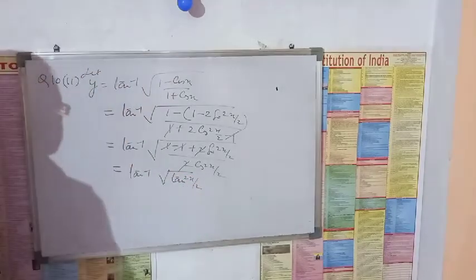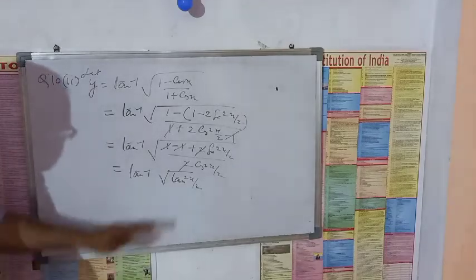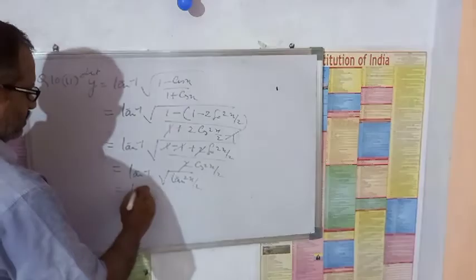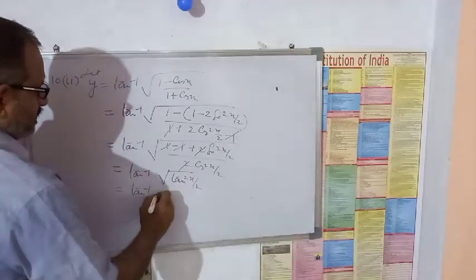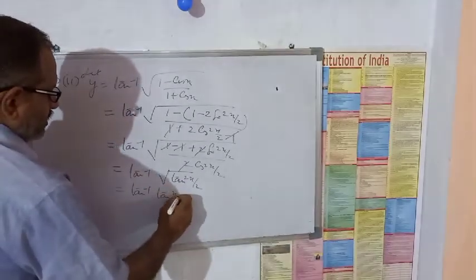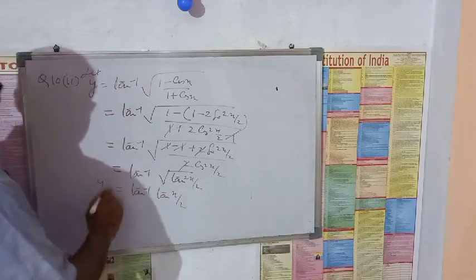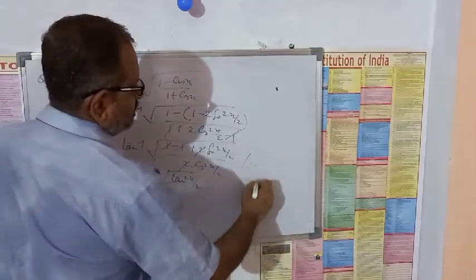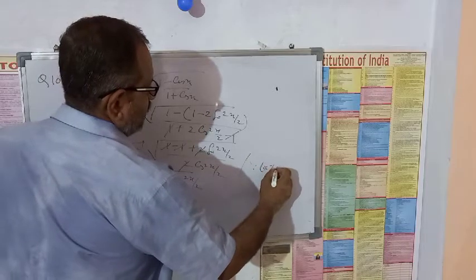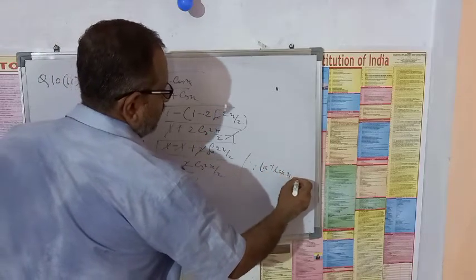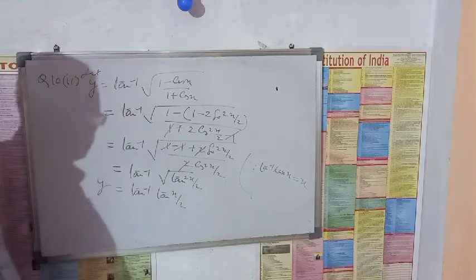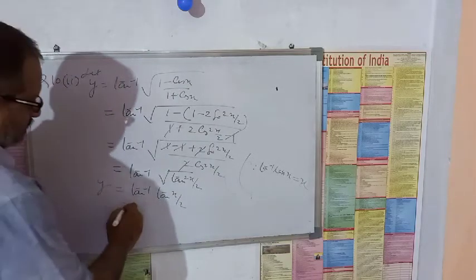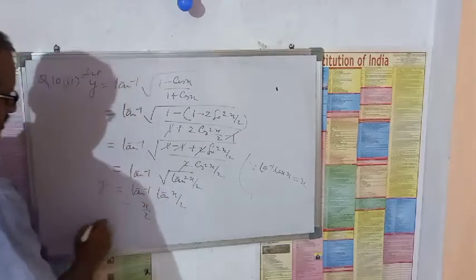It is tan square x by 2. And take the square root. So tan square x by 2 square root is tan x by 2. We know that tan inverse tan x is equal to x, so tan inverse tan x by 2 will be x by 2.